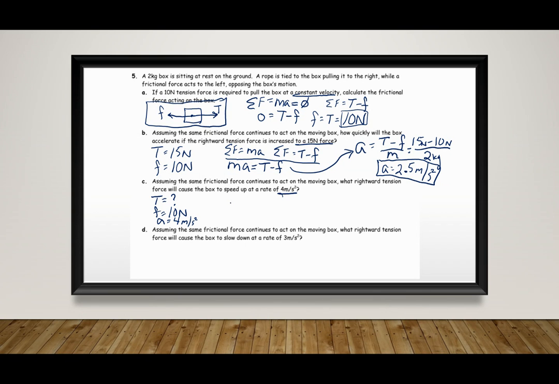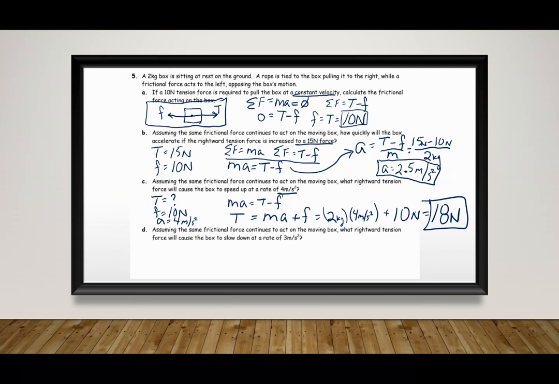I'm just going to say mass times acceleration equals tension minus friction. Tension is equal to mass times acceleration plus friction, which is equal to 2 kilograms times 4 meters per second squared plus our frictional force, which is 10 newtons, and that's going to end up giving us 18 newtons is how much force needs to be applied.